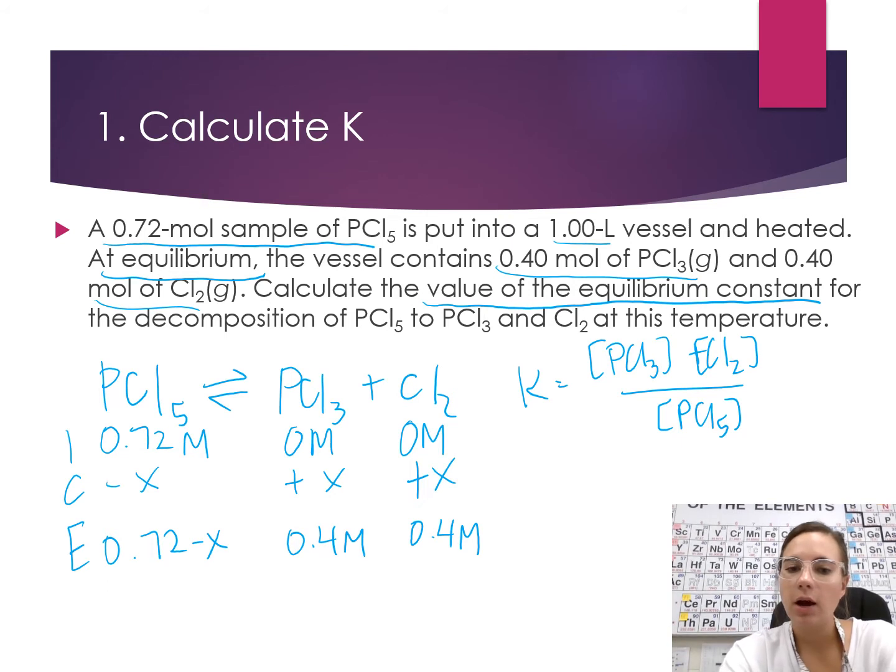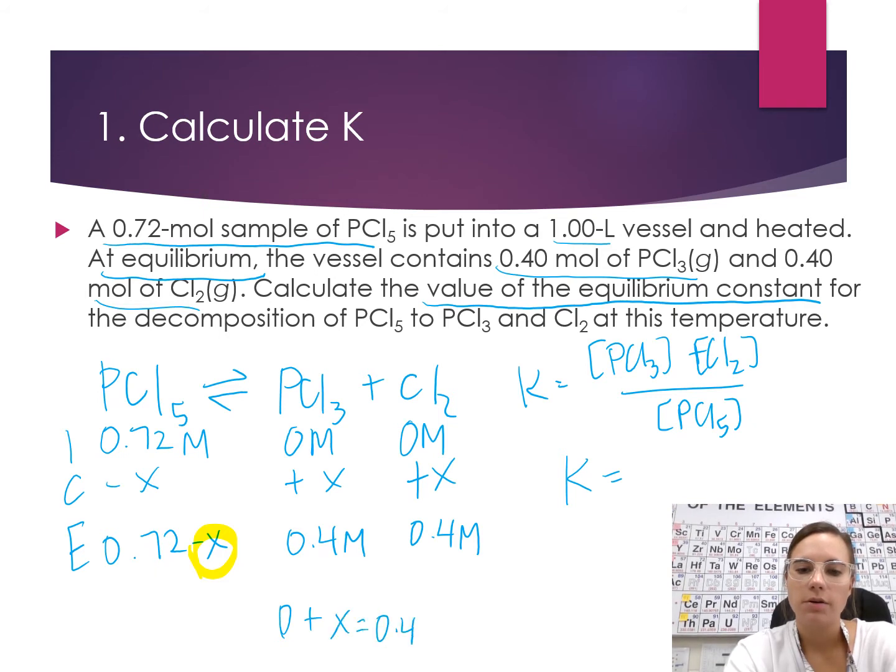All right, and now I'm going to plug in my equilibrium concentrations. But before I do that, I got to solve for this x value right here. So I have 0 plus x equals 0.4. So of course, x equals 0.4.